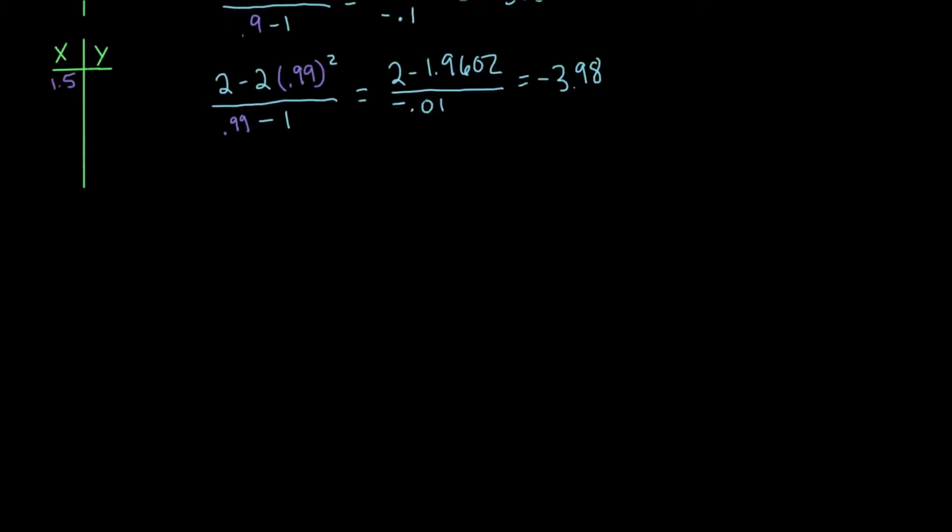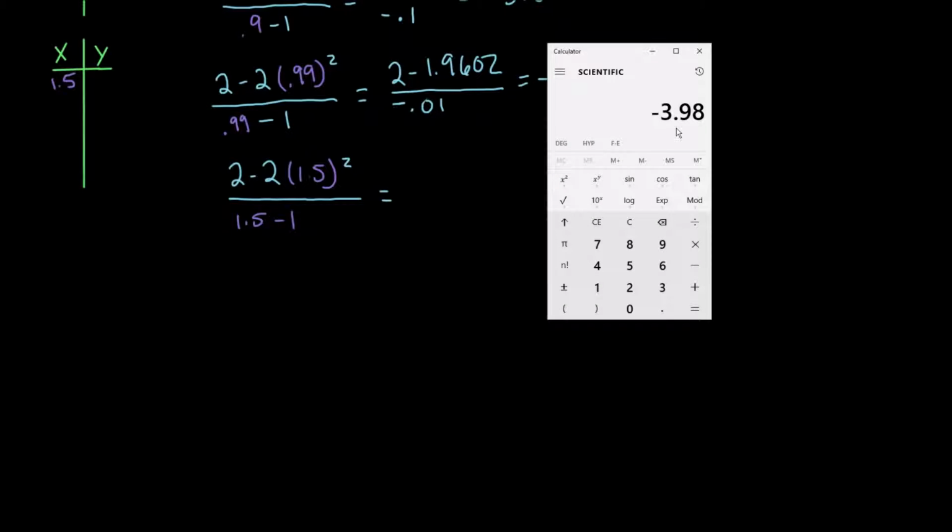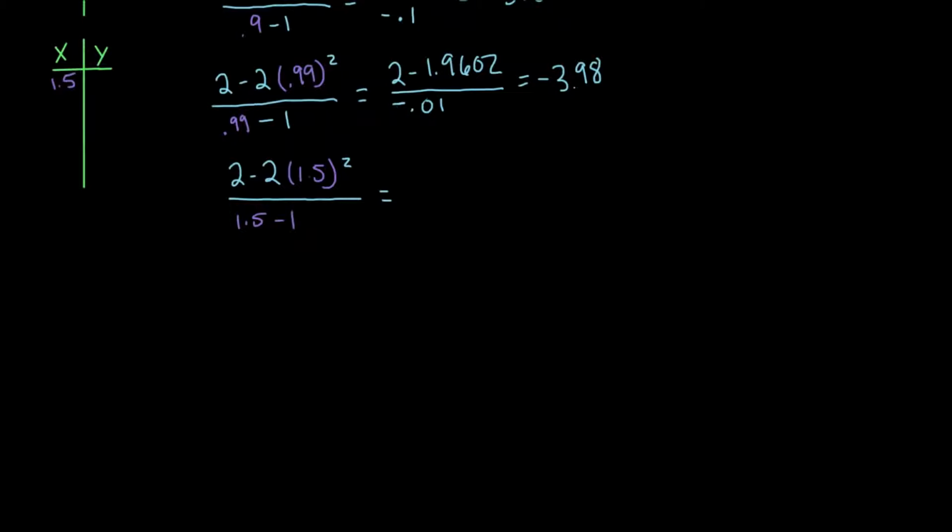Same process. We have 2 minus 2 times 1.5 squared, divided by 1.5 minus 1. That equals, and if you're not comfortable with the arithmetic, just go ahead and put it into your calculator. 1.5 squared times 2 is 4.5.